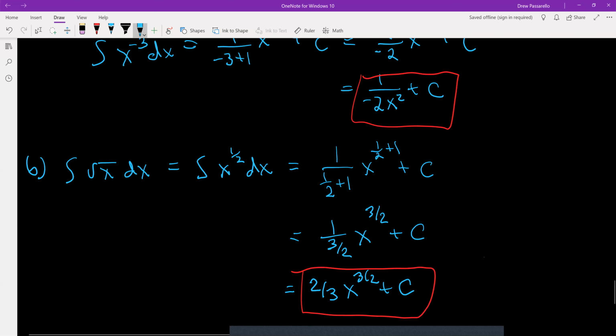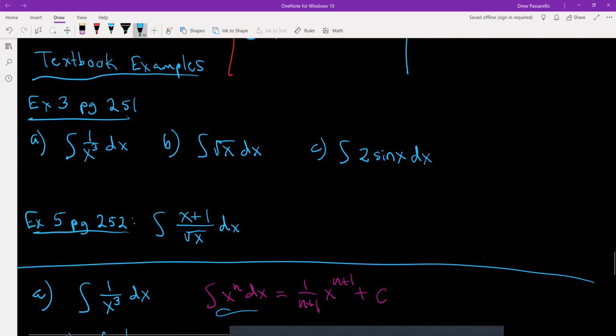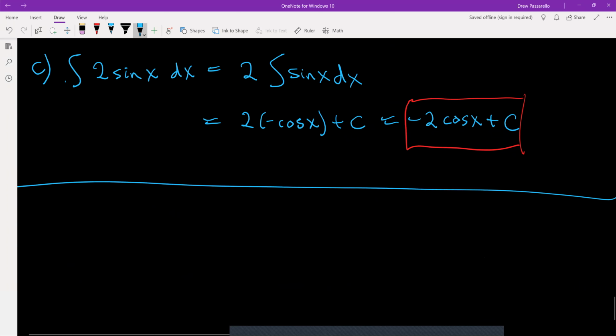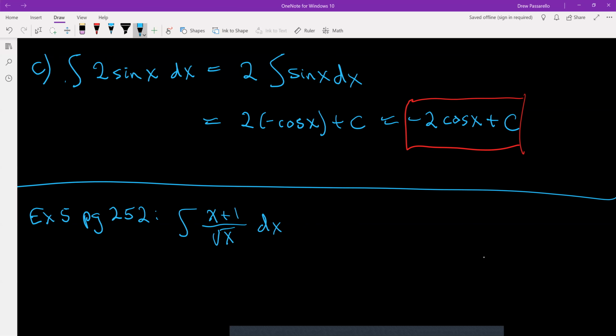Now the next example is on page 252, and it's example 5. All right, so we're integrating x plus 1 over square root of x, and then dx.